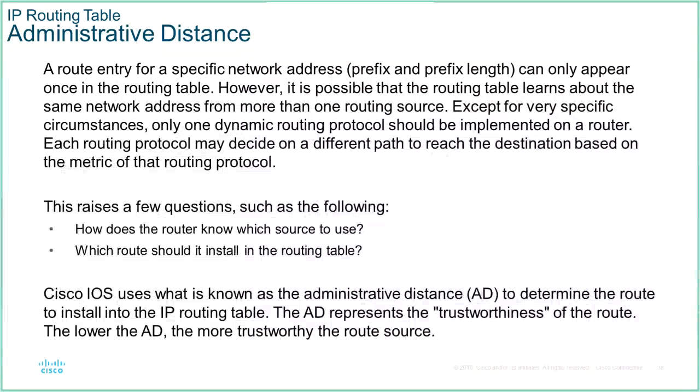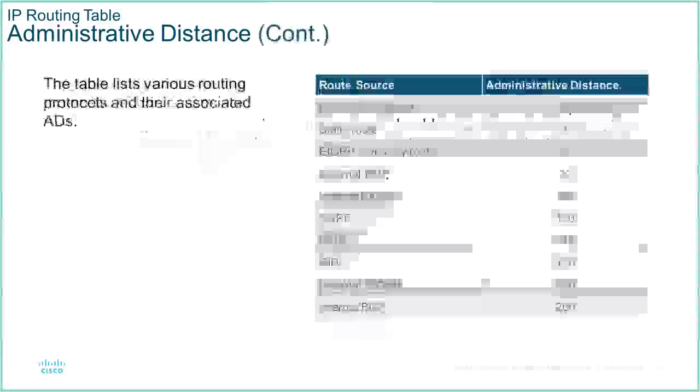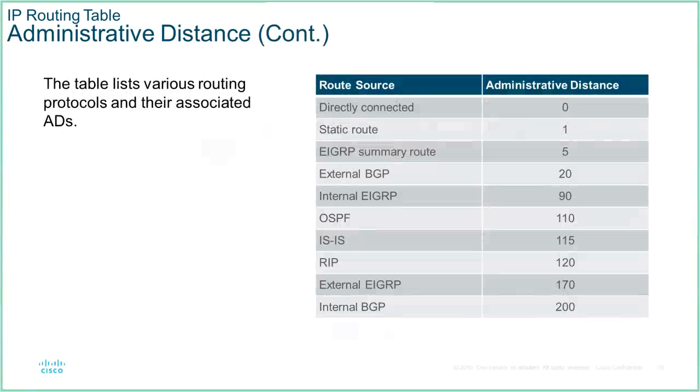So do I trust what the administrator is telling me is configured, or do I trust what different protocols tell me? So which one's going to be more valid? Because each protocol has a different way of calculating the cost to the destination, the metric, and it would be like comparing apples and oranges.